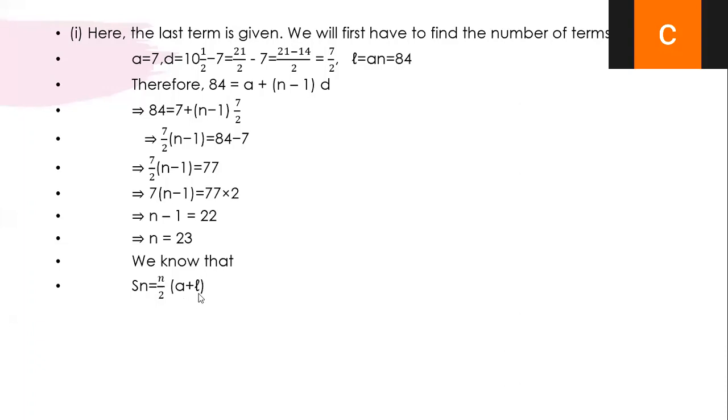SN formula: last term they gave, last term value 84. So we can apply this in the formula. N value we have got 23 by 2 into A value 7 plus L value 84. Apply this and find out, children.